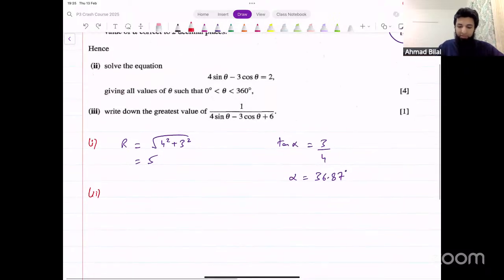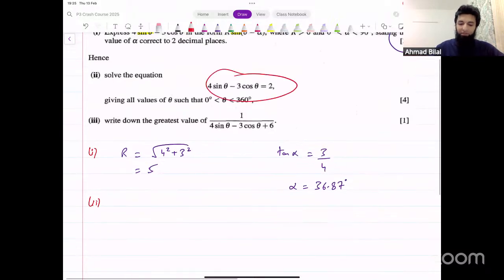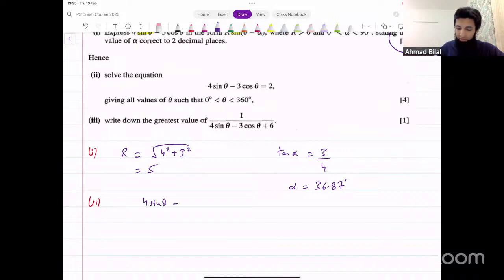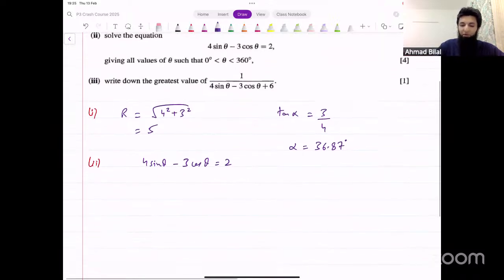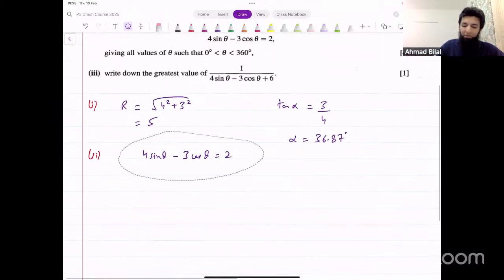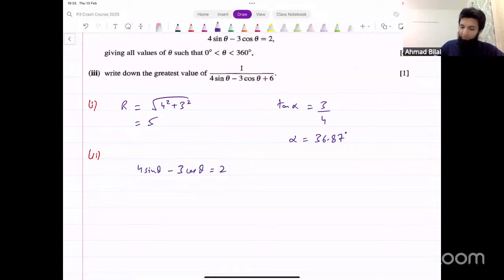Okay, now the second part says, hence solve this equation. Okay, now how do we solve this equation? It's 4 sine theta minus 3 cos theta equal to 2. That's the equation. We need to solve this for theta between 0 and 360 degrees.